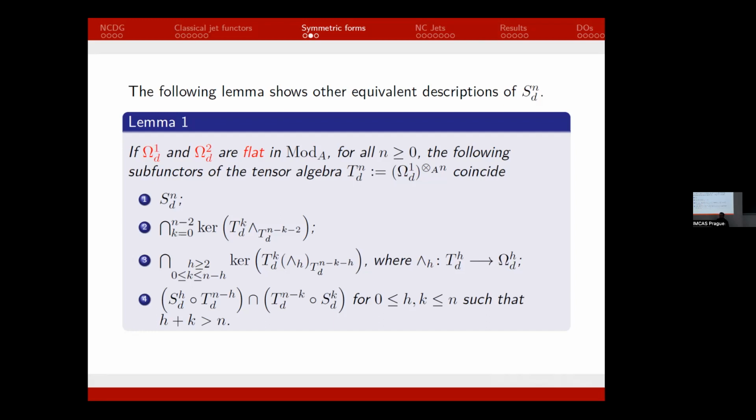So that's exactly what we wanted in a sense. We want symmetry induced by the vanishing of the wedge, which is what happens classically, and it's what we wanted to model. So this would be a good notion of quantum symmetric form.